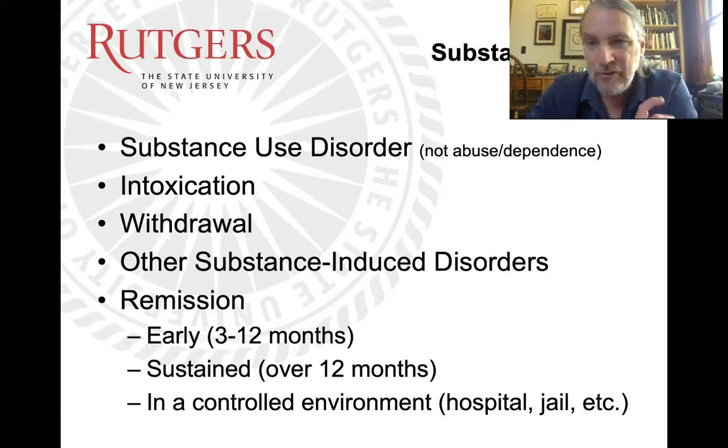And then the other sort of corollary is, was that period of remission in a controlled environment where they didn't have free access to that? For example, I work in a psychiatric hospital. So if someone was using heroin, then they were admitted to the hospital. They were in the hospital for 9 months.